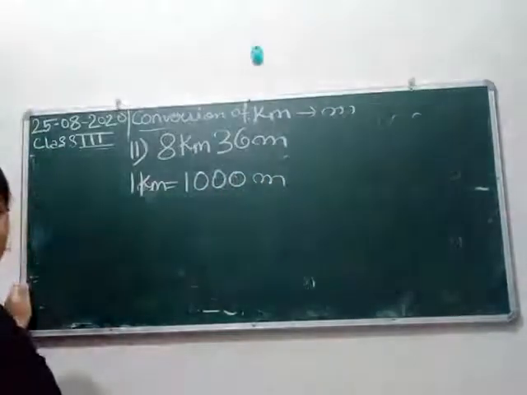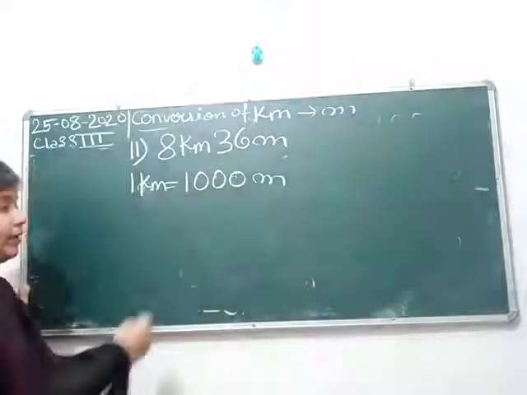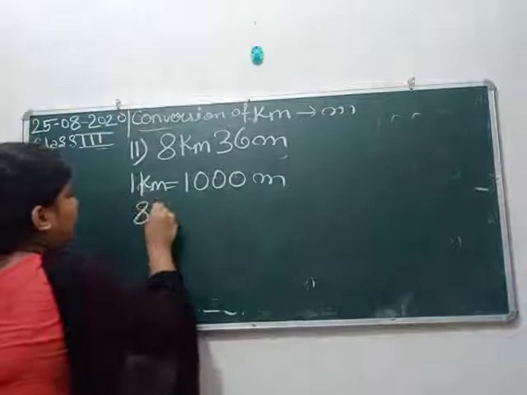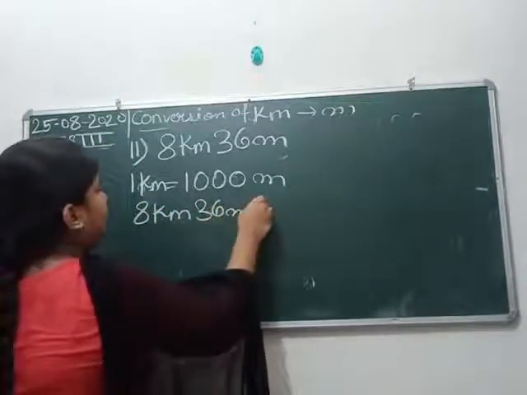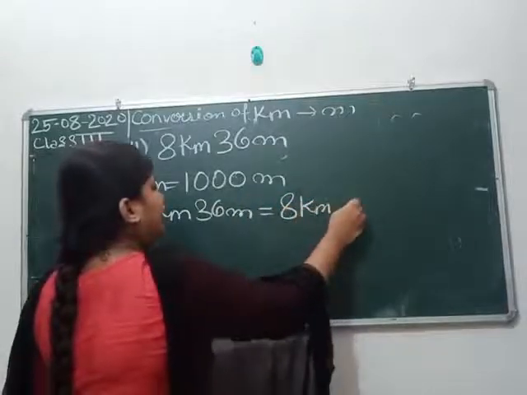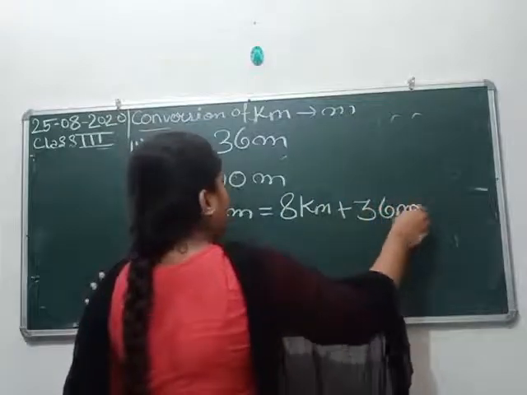Now, next is 8 kilometer. 8 kilometer 36 meter is equal to 8 kilometer plus 36 meter.